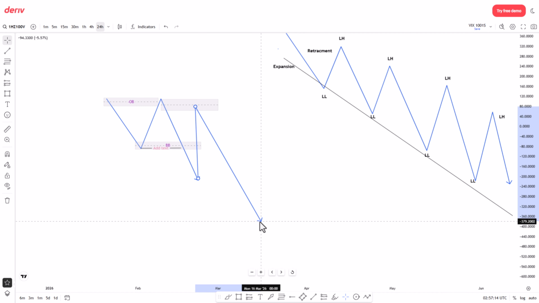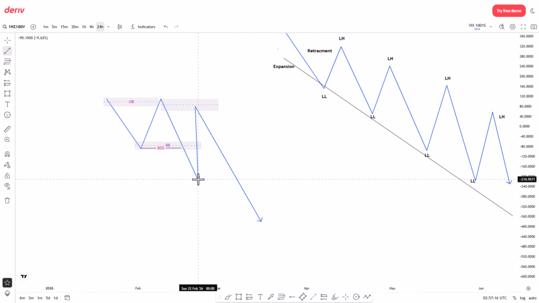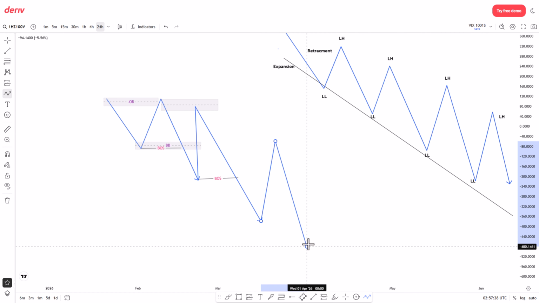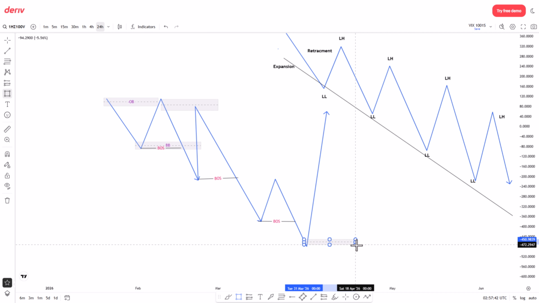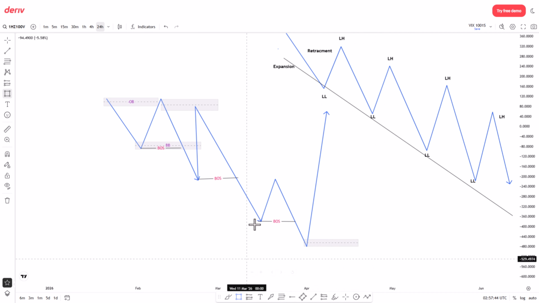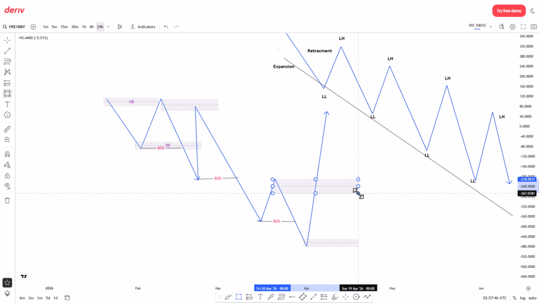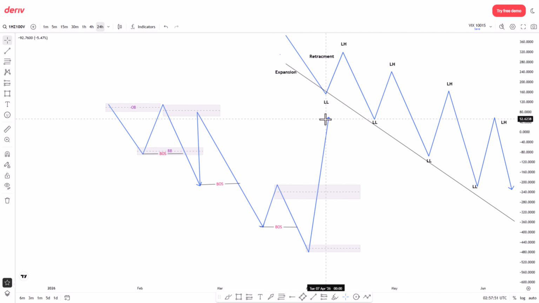So again, we have another what? Break of structure here. Then we're expecting what? We're expecting another leg. And if peradventure we see a break of structure here, and after the break of structure, remember, we'll be left with order block at this level. And also we'll be left with what? A bearish breaker. Remember, this is another block, because price has violated it, it has become a bullish breaker block.